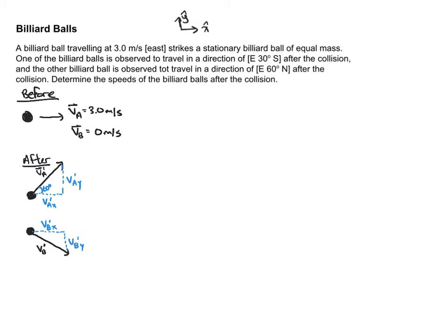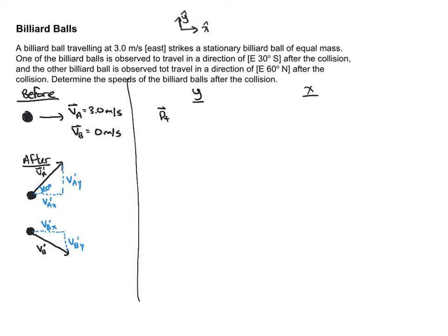Now I organize my solution into two columns. I'll say the y direction and the x direction. I chose the y direction first because it's a little bit less complicated, but just a little bit less complicated. The conservation of momentum applies to each dimension.